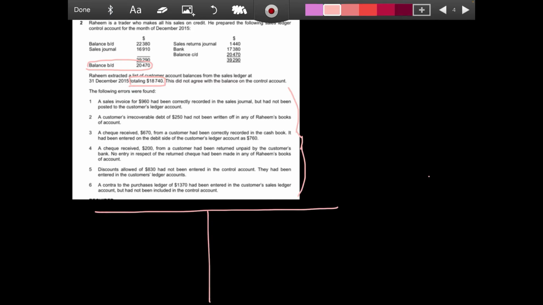The sales ledger control account, the adjusted sales ledger control account.